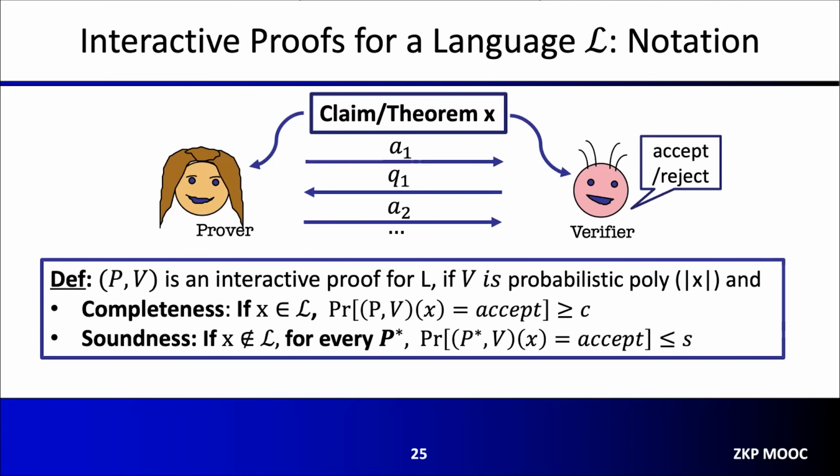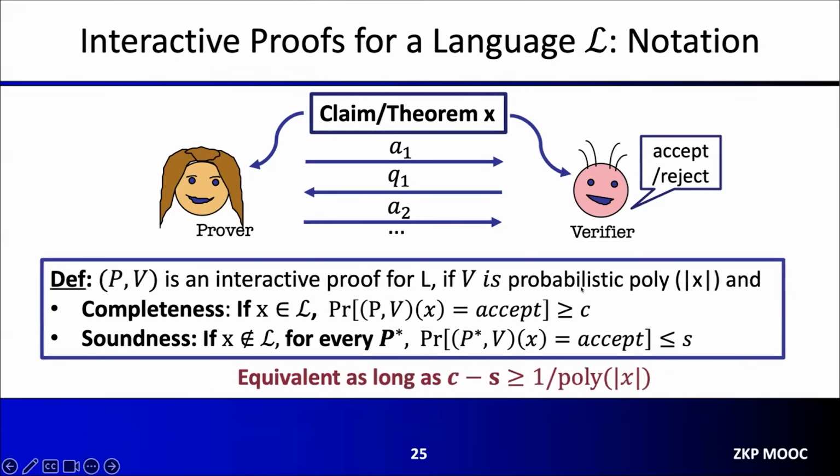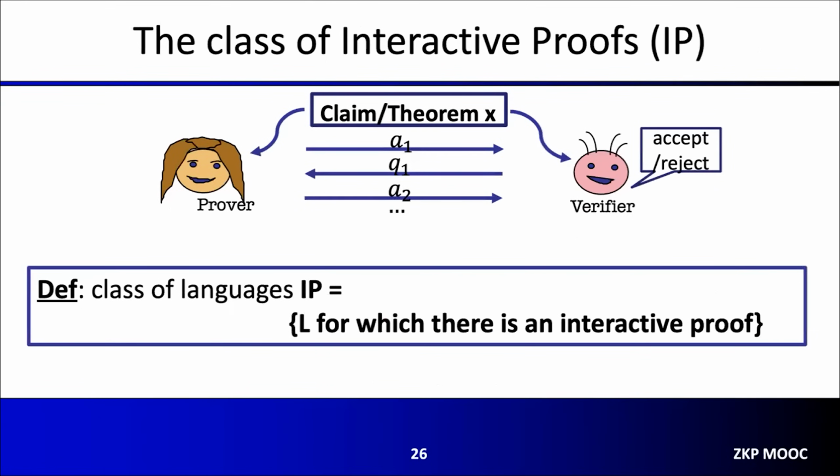You just have to show that completeness holds with probability C, and soundness holds with probability at most S, for a C and an S which are a polynomial apart. This will be equivalent to achieving probability 1 for C and negligible for S. This can be shown by the standard technique of using repetitions.